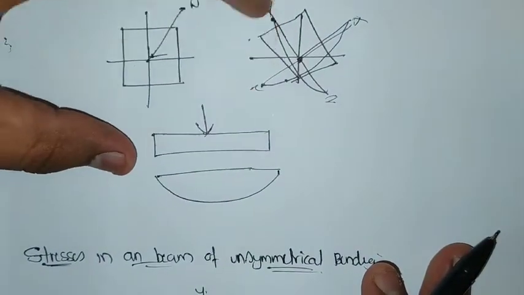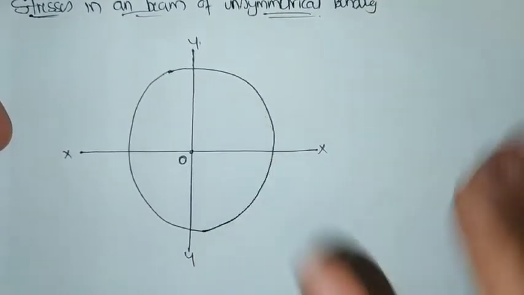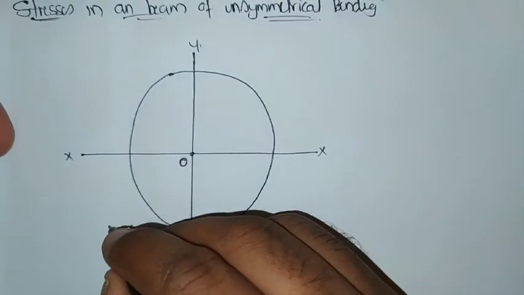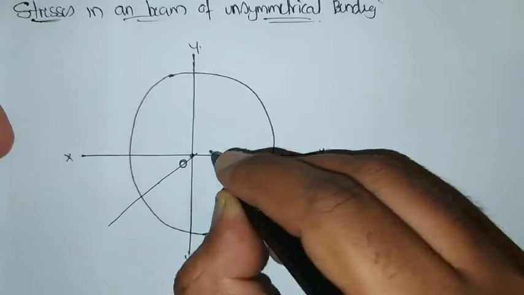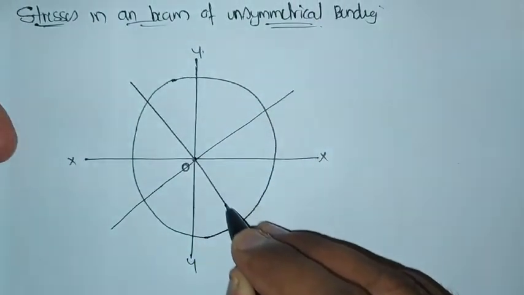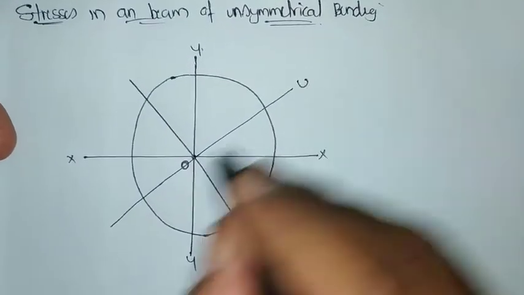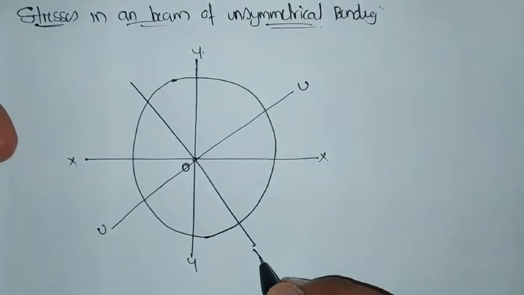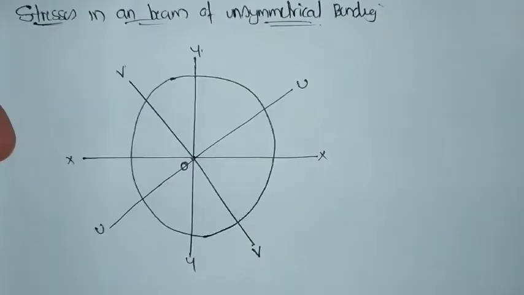It is going to tilt in this direction and a new axis is going to develop. So consider the new axis like this, and make it U and this V.